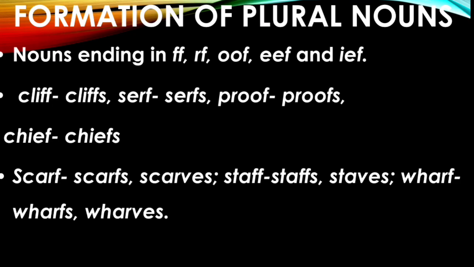Now, nouns ending in FF, RF, OOF, EEF, IEF. These are all rules, but you don't go through the rules, you just go through the examples. Cliff, cliffs, surf, surfs, proof, proofs, chief, chiefs. Scarves, there is another: two plural forms are there for scarf, scarves and scarfs.